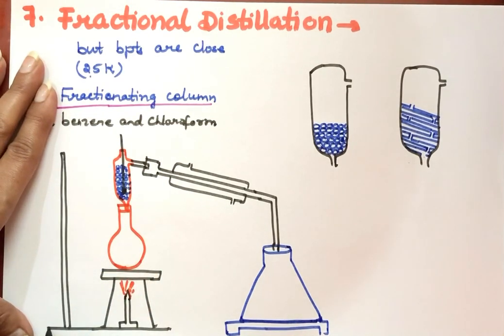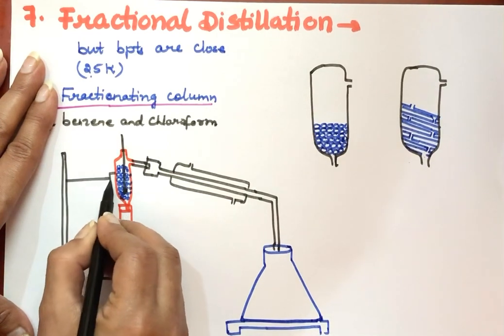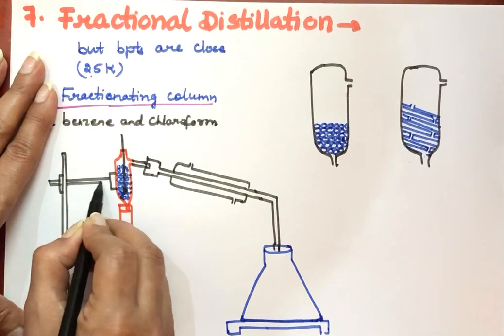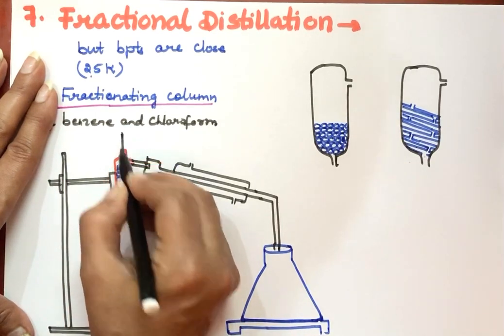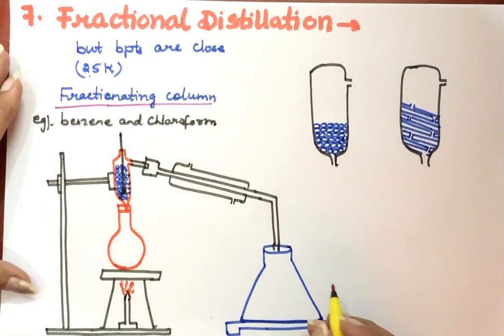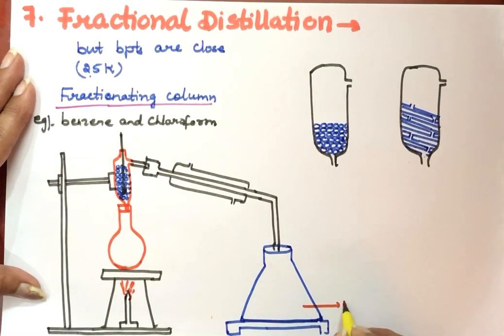Whenever we're drawing a diagram, the labeling has to be complete. This is the apparatus that we are using. Now the labeling part of this: in this we will get the pure liquid component.